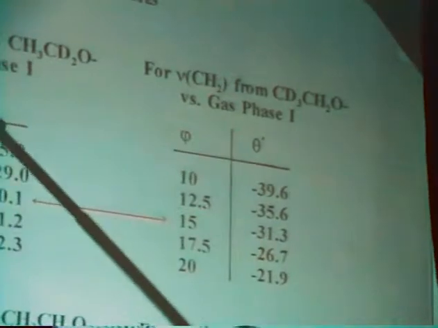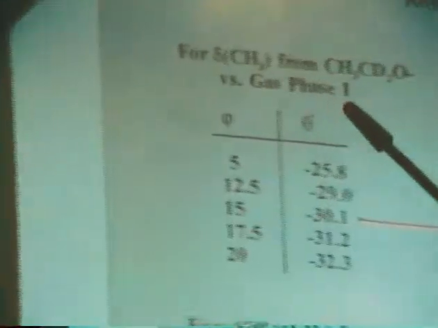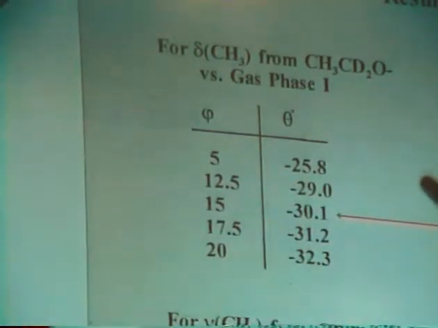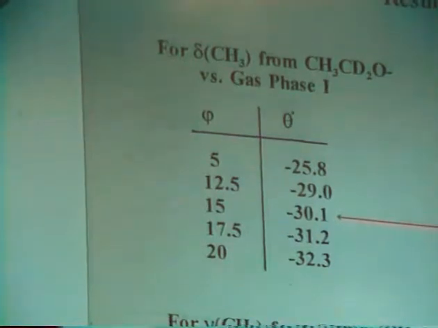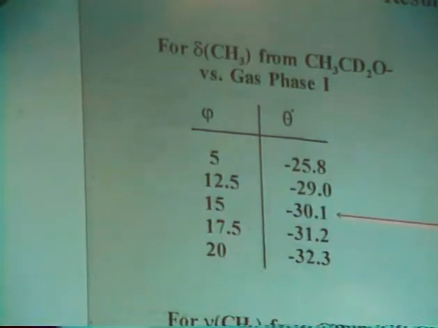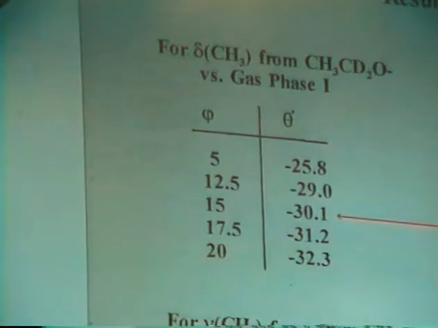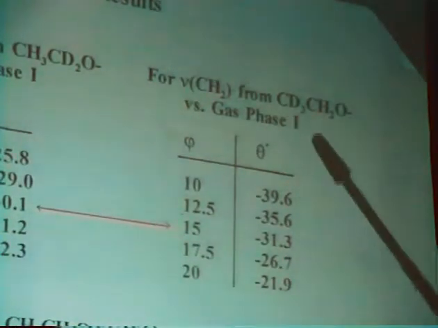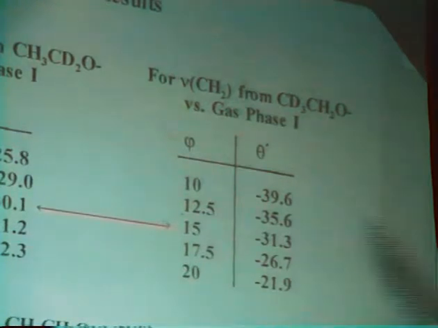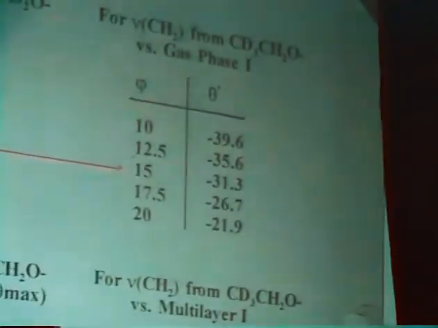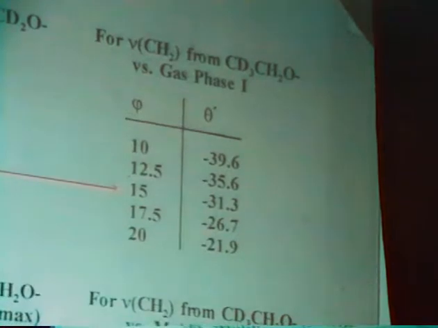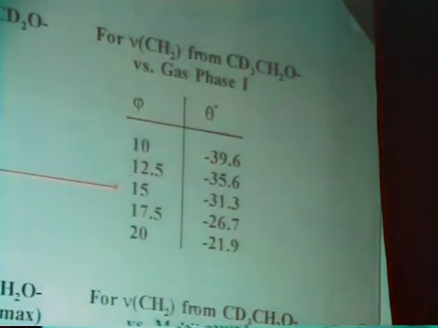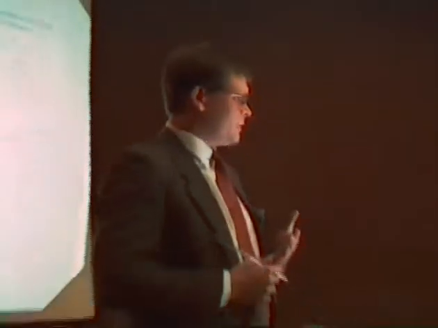From the deformation mode in CH3CD2 ethoxide, normalized with respect to its gas phase intensities, the set of angles theta and phi, and also from the methylene group stretches from CD3CH2 ethoxide, again normalized with respect to its gas phase intensities, you find that the solutions converge for a methyl group tilt of about 30 degrees and a molecular tilt of about 15 degrees.